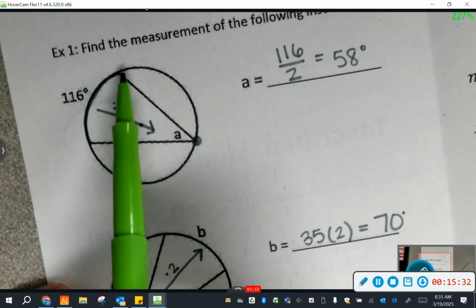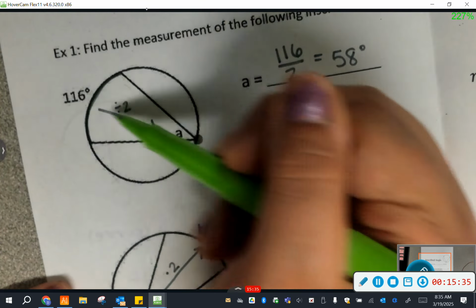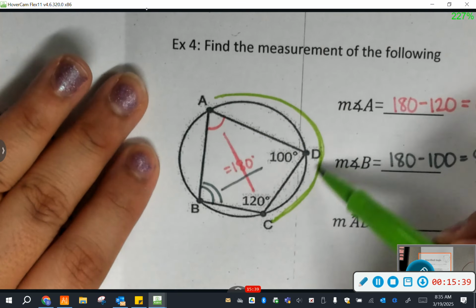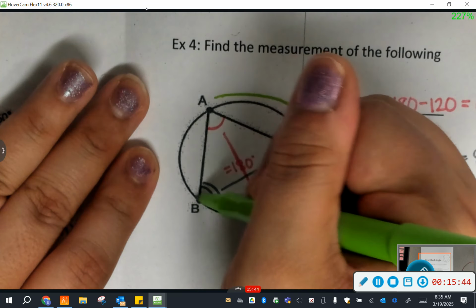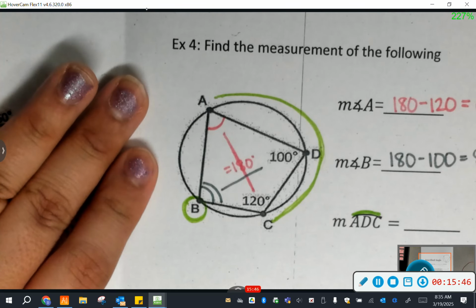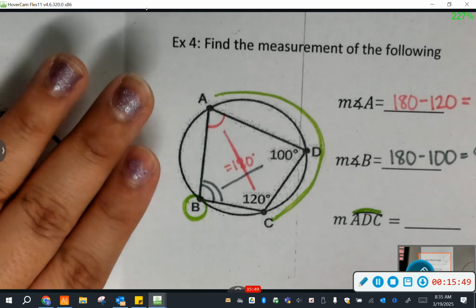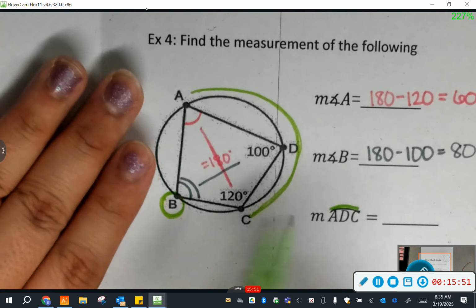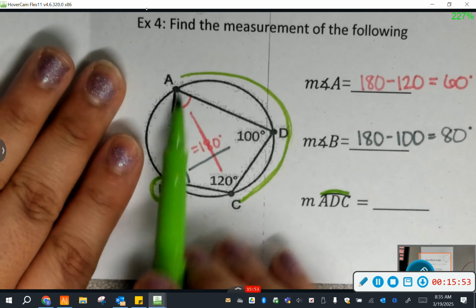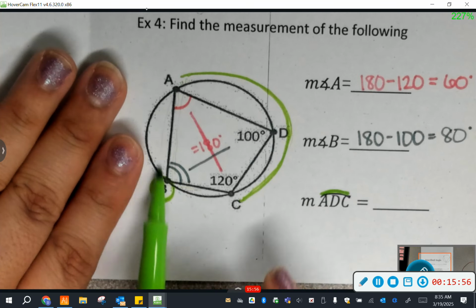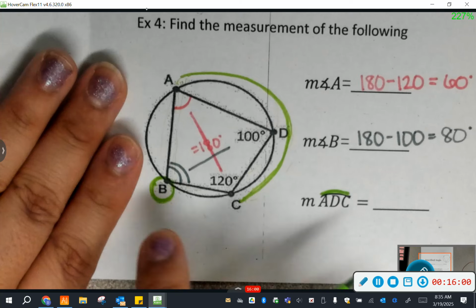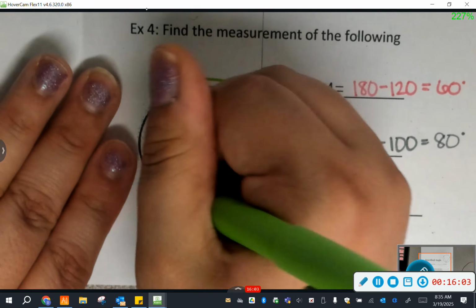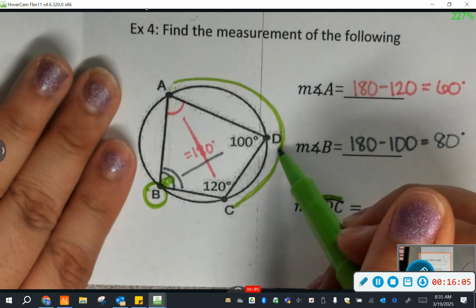Do you see how this arc is right here, and it's attached to that angle right there? This arc right here goes with what angle? Not D, D's inside of that. That's why I was just waiting for you to quit guessing and start looking. Does that make sense how this A right here goes with B and the C? It makes the angle. What is that angle right there? What did we say angle B was? 80. So if that's 80, how do I find the arc?